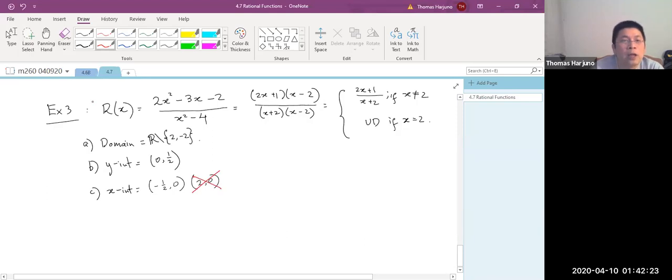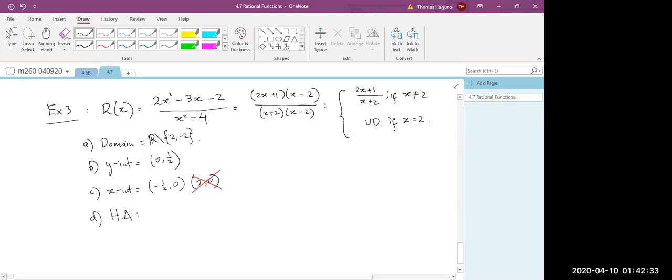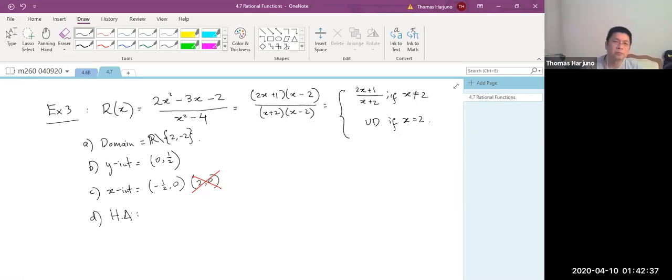Now, how about the horizontal asymptote? Do we use the simplified R star? Let's see. If I use R star, what is the horizontal asymptote?